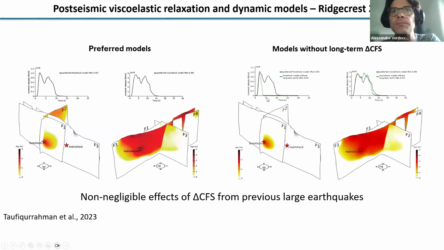You can see here the time evolution of the moment release, also very different between the green one, which is the model without long-term Coulomb failure stress, and the black one, which is the preferred model. There are some differences also in the second event, the main shock, but not as strong as in the foreshock.